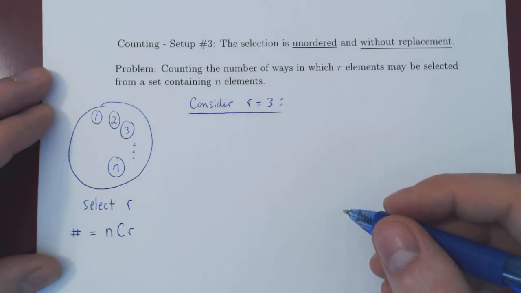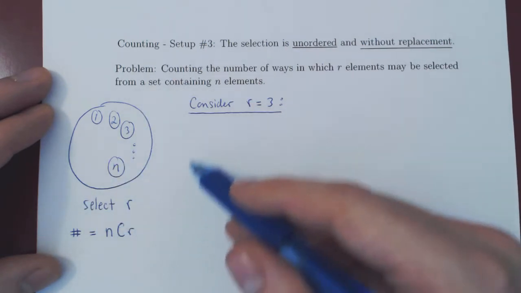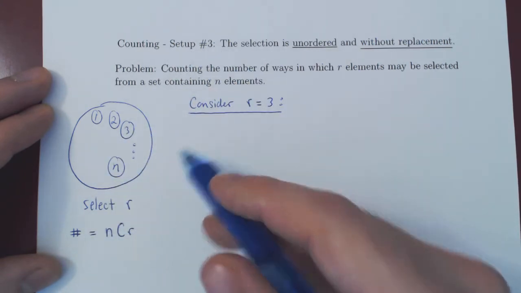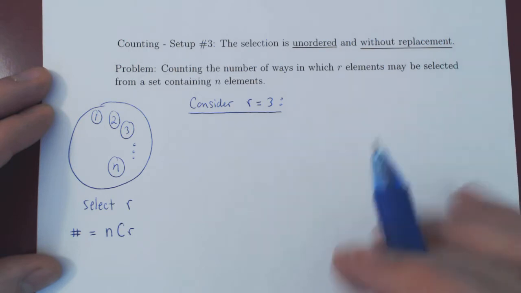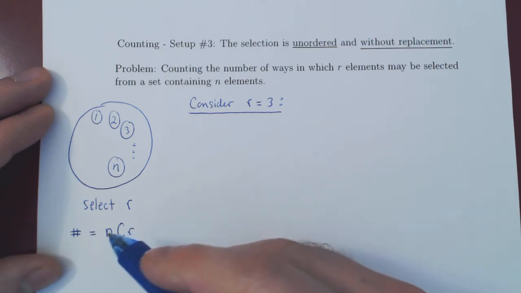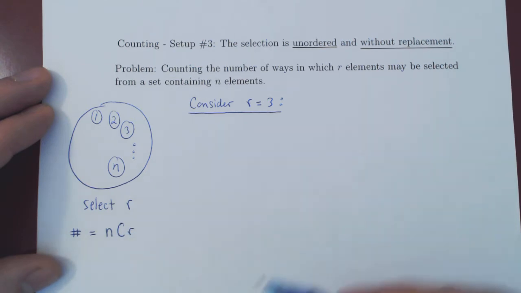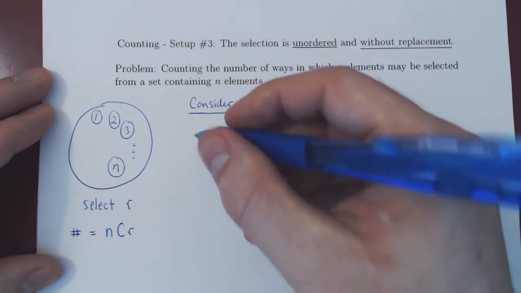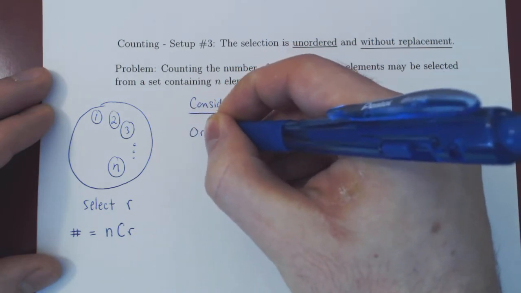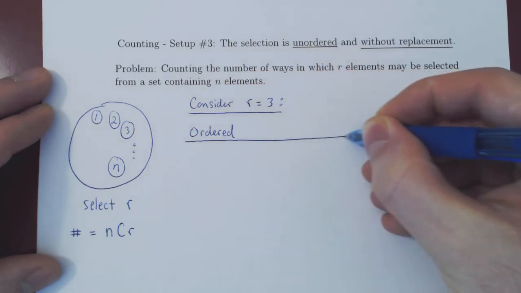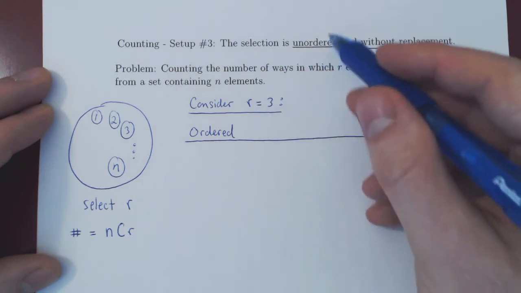And here we'll compare the number that would be obtained from setup 2 and setup 3 to see how close they are to each other. And what we'll find out is that this number is a multiple of the number nPr and vice versa. So let's compare both. Setup 2, nPr, would be ordered. Of course, setup 3 now, it is unordered.